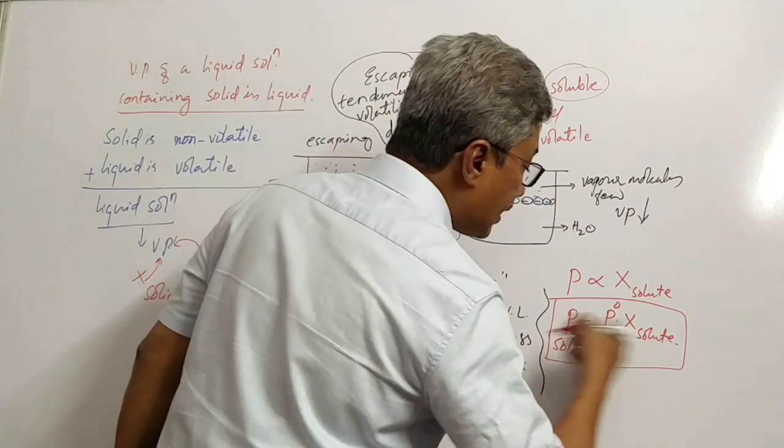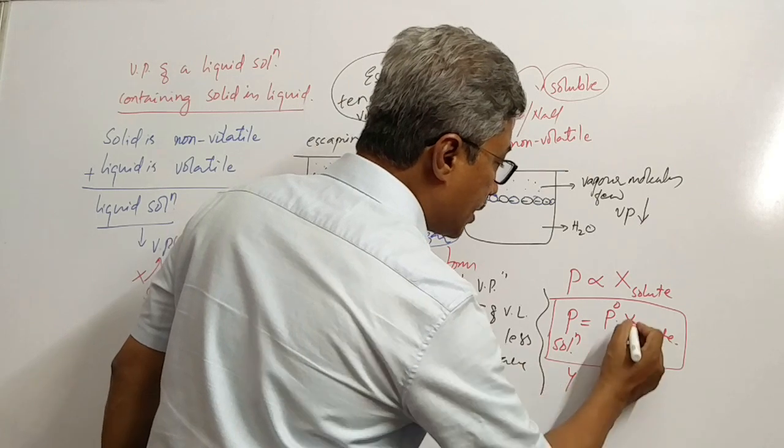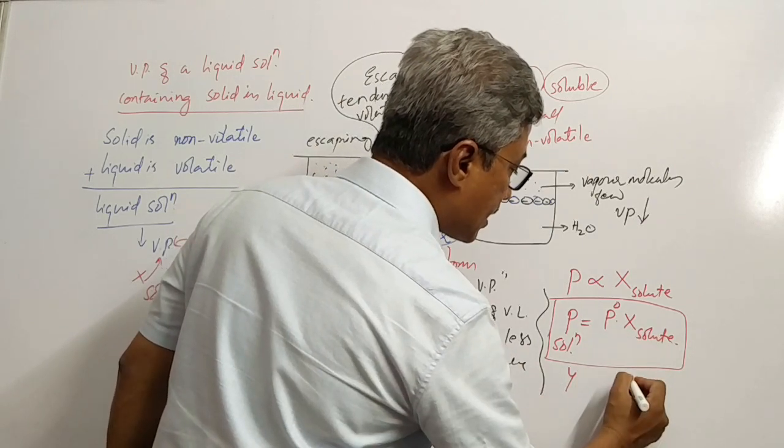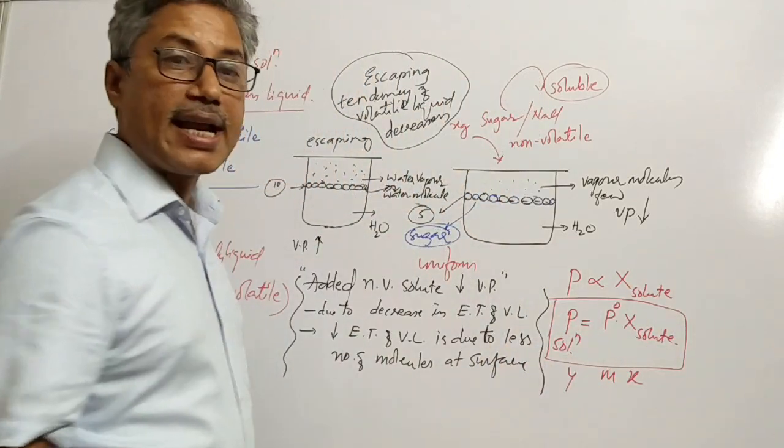Now, this is the form of the equation of a straight line. Y is equal to m x without any intercept.